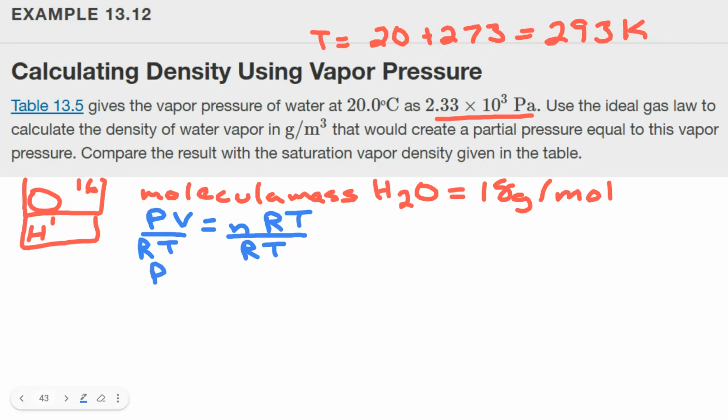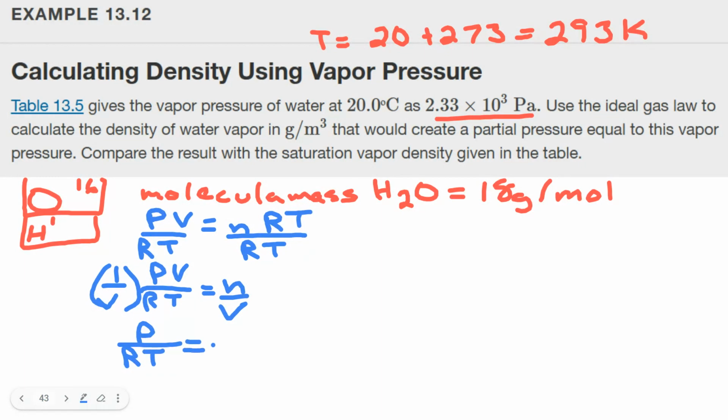And I get P over RT equals n. Then I'm going to multiply this by 1 over V, and just divide this by a capital V. And so I get P divided by RT equals n, the number of particles or moles, over V, the volume, right?